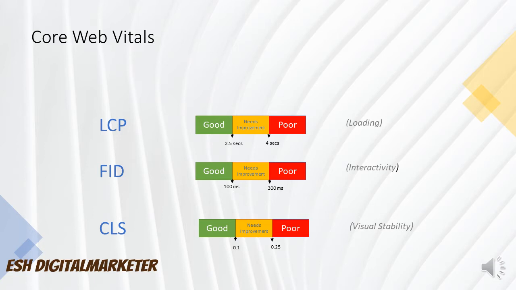And CLS is about your website being very stable. If your user is clicking on any links, the page should not shift onto other buttons or other things. That is CLS. And these three main metrics are going to be an important ranking signal.